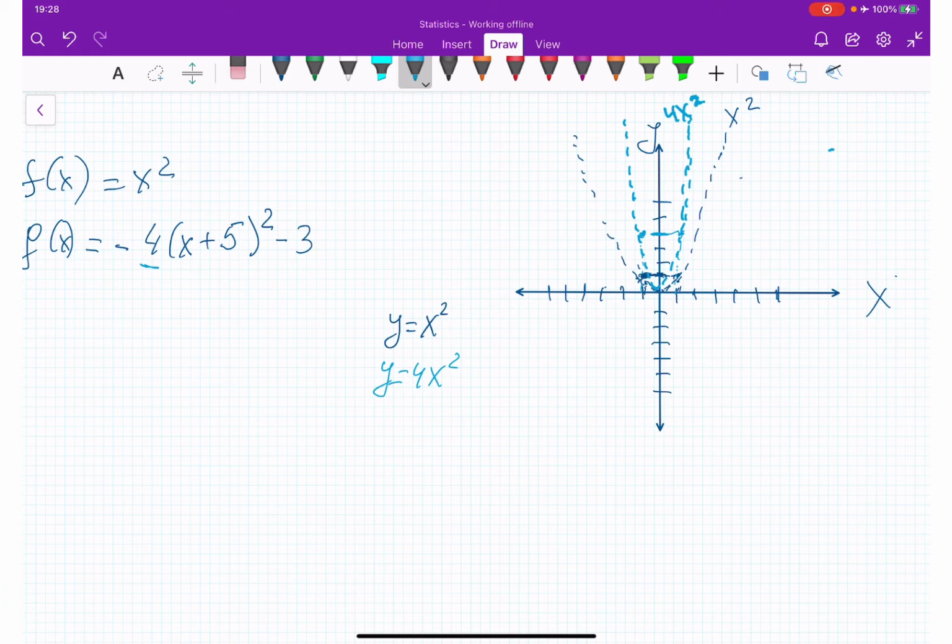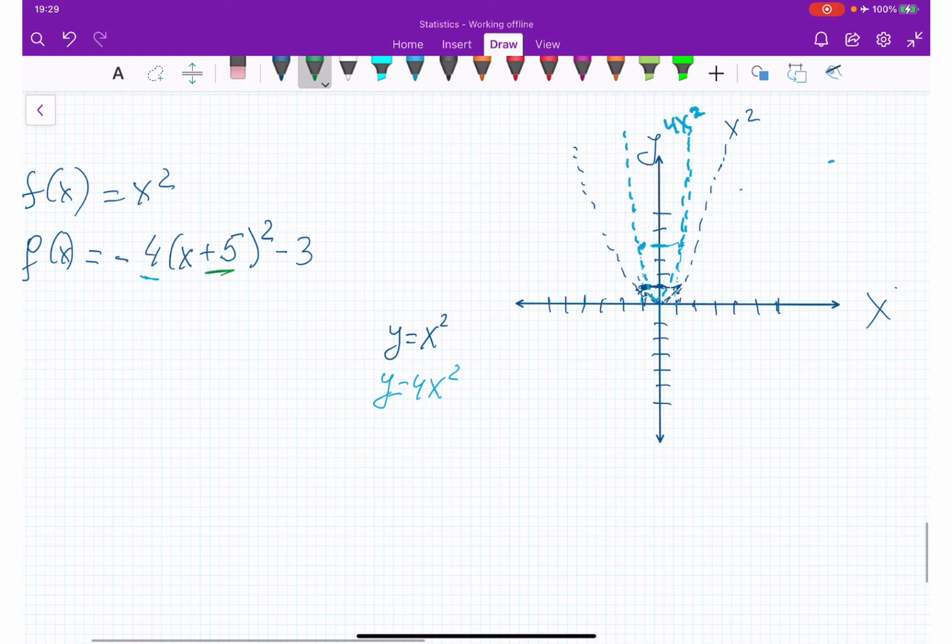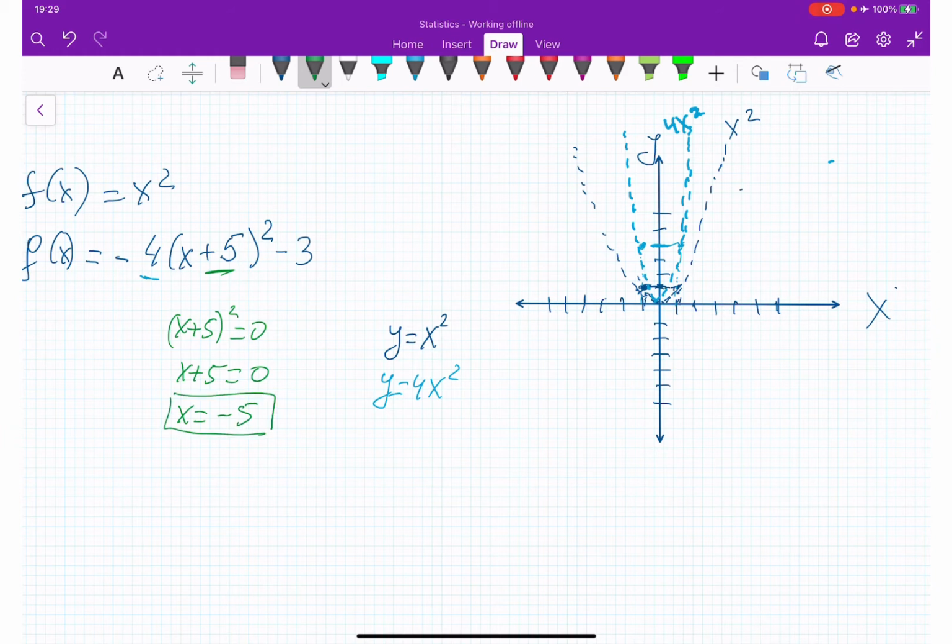Okay, next, I'm going to go after change of x, which is going to be x plus 5. Realistically, we are moving minus 5, remember? Because if I have (x plus 5) squared is equal 0, from here x plus 5 also equals 0, and x is equal negative 5. So when it's a change of x, we always move to the negative opposite sign, okay?